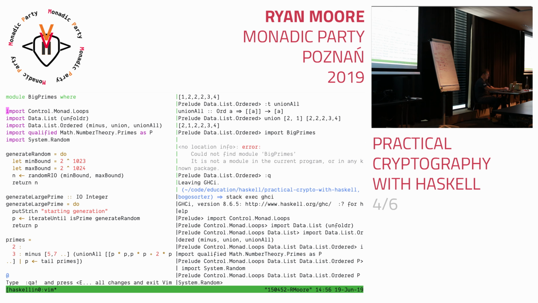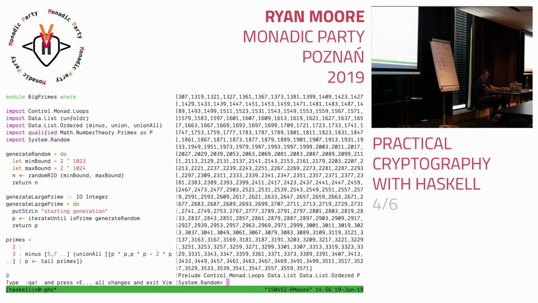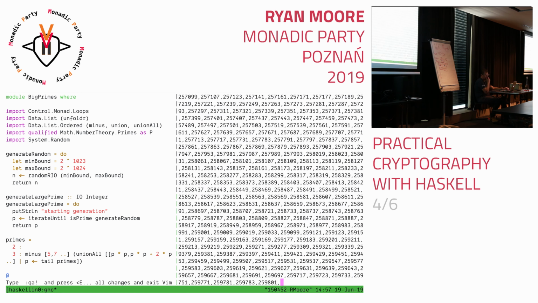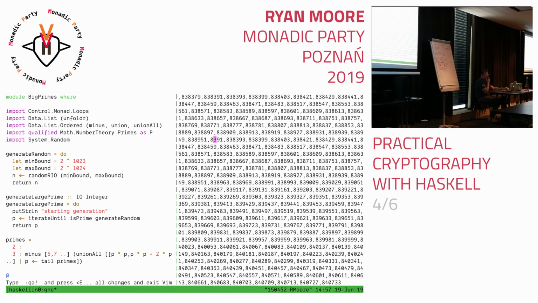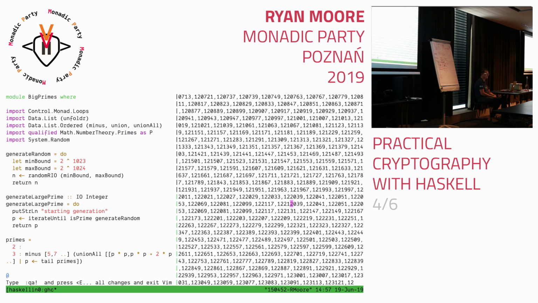So there's 100 prime numbers. There's 500 prime numbers. There's 1,000. So we start getting into trouble still, though, when this is pretty big.